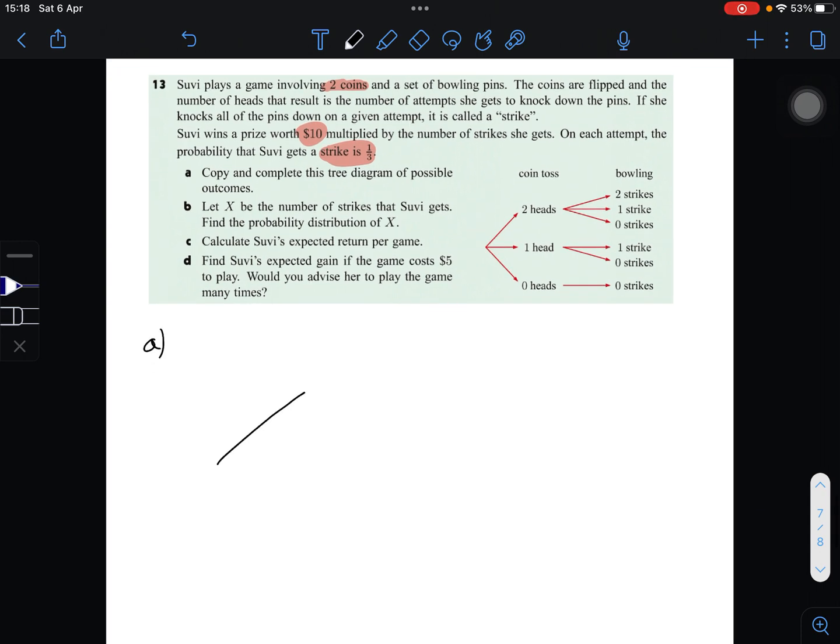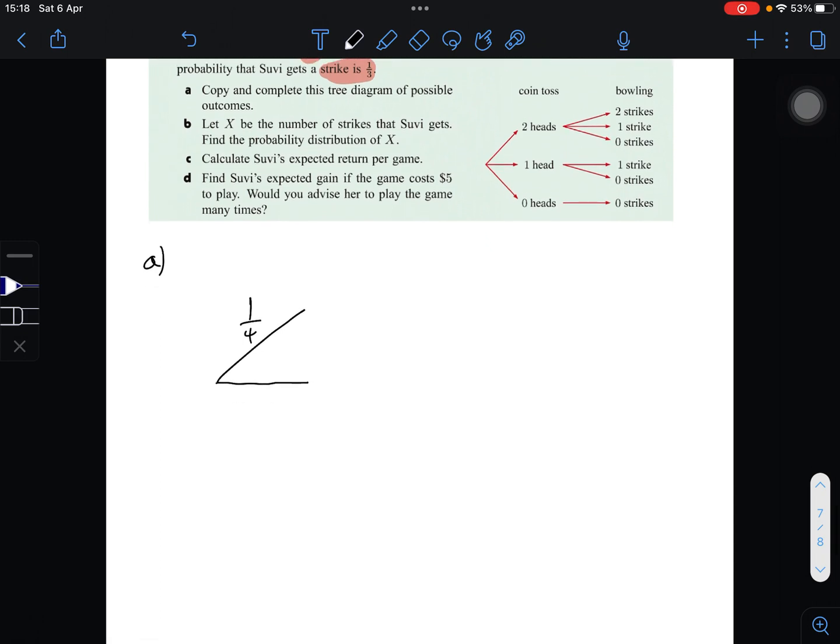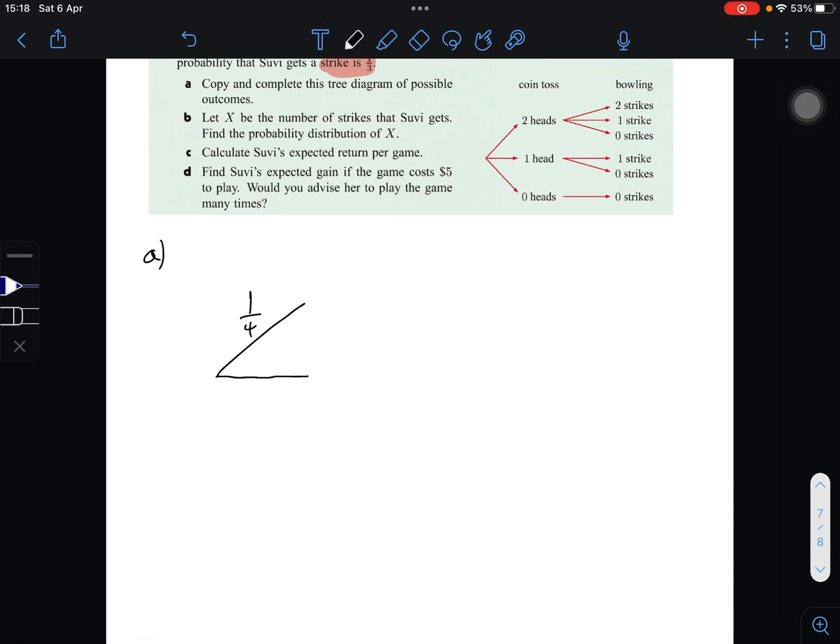So, probability of flipping a head is a half. Probability of flipping 2 heads is a half times a half, which is a quarter. Probability of 1 head would be either you get a tail and a head, or a head and a tail, so it's a half times 2, so it's basically 2 over 4, or a half.